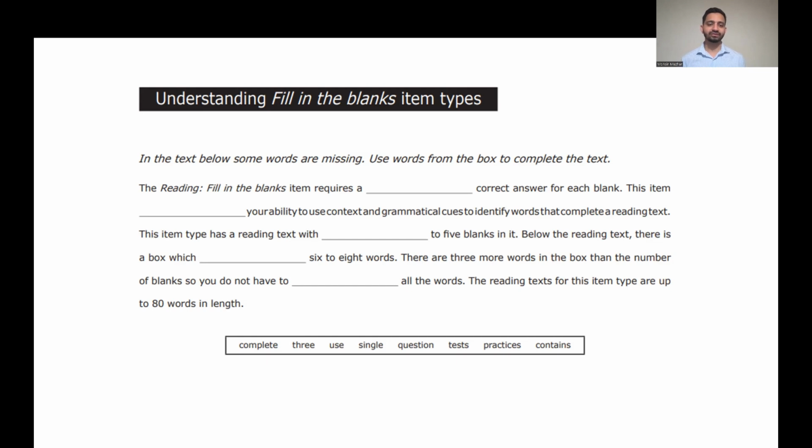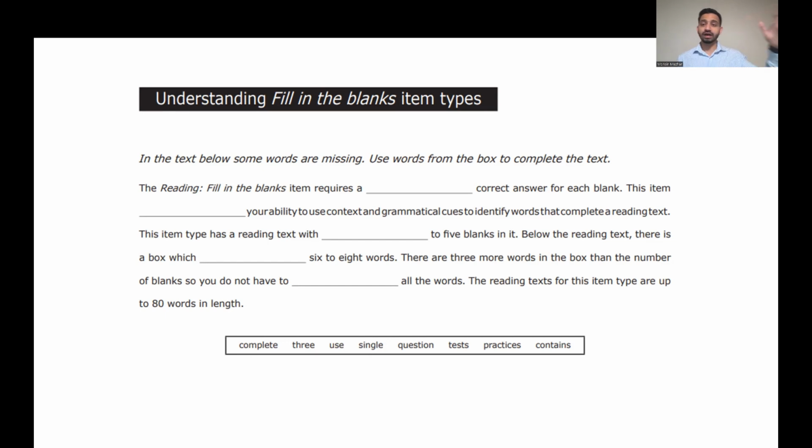This item type has a reading text with 2 to 5 blanks. Below the reading text, there is a box with 6 to 8 words. There are 3 more words in the box than the number of blanks, so you do not have to use all the words. The reading text for this item type is up to 80 words in length.